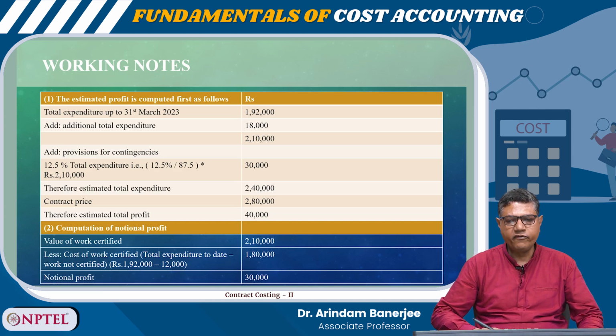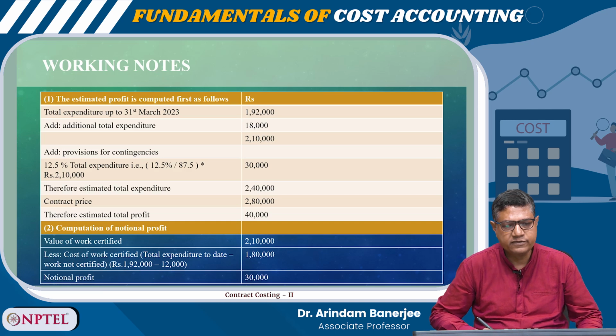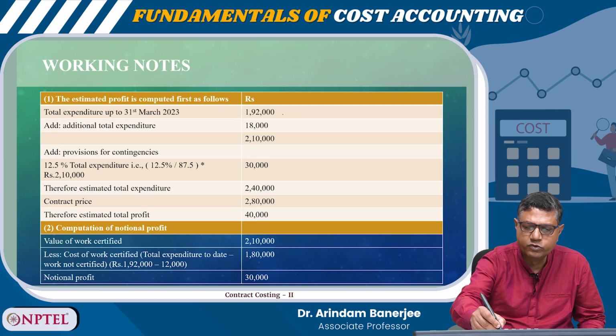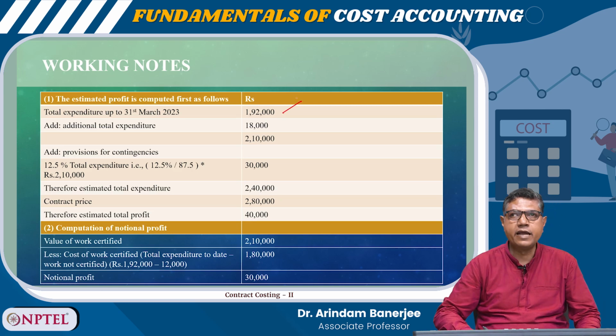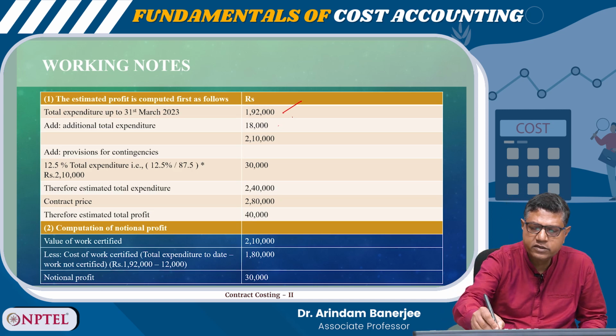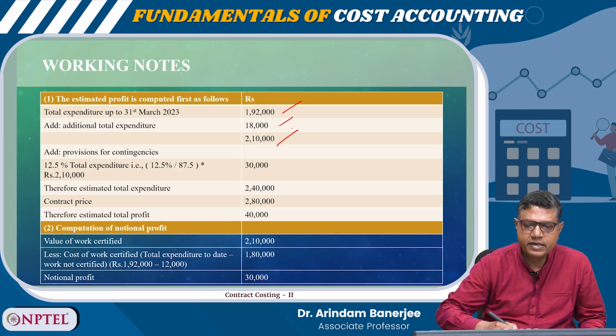The estimated profit is computed first as follows: total expenditure up to 31st March 2023 is 1,92,000. Add additional expenditure, it is 18,000. So, the total is 2,10,000.